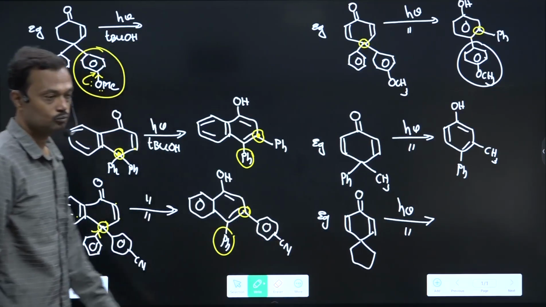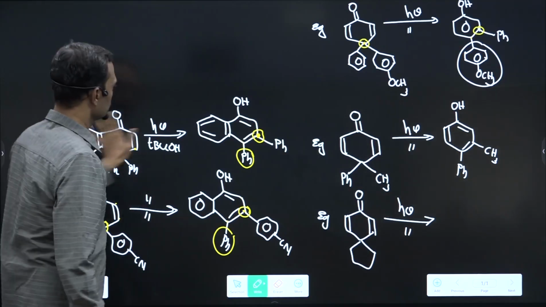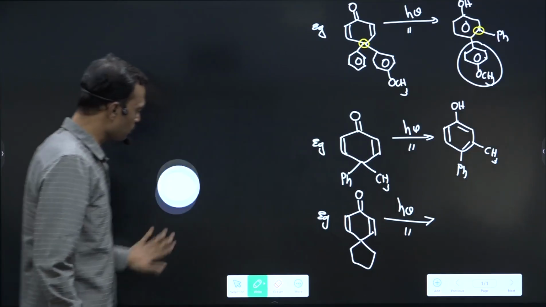What is the answer? So whichever is more electron rich, that is the migrating group.